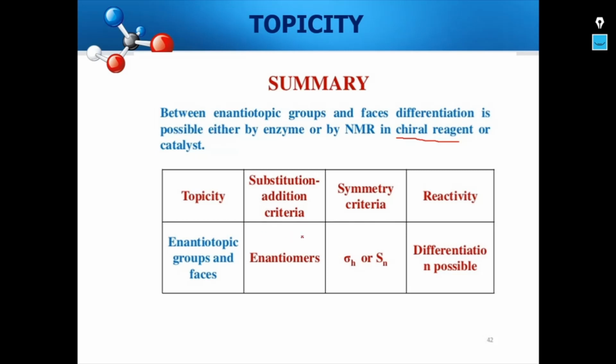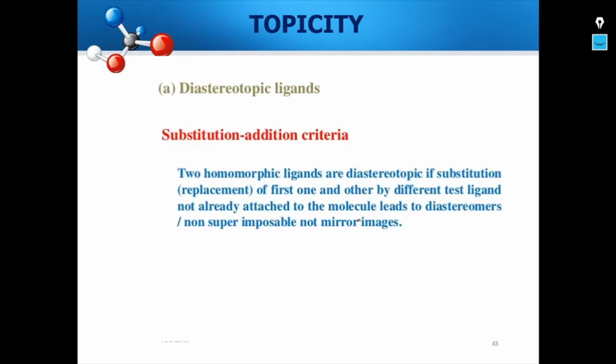Enantiotopic groups and faces, on performing the substitution and addition criteria, give rise to enantiomers, and they have a symmetry criterion where if we have a symmetry plane or an alternating axis of symmetry, then the molecule exhibits enantiotopicity, and based on certain reactions they can be differentiated. Let us move on to the diastereotopic ligands and faces.